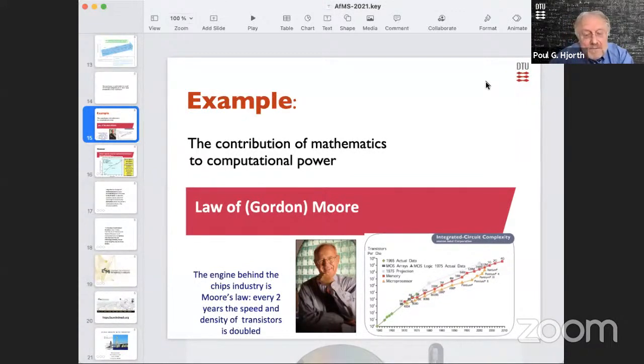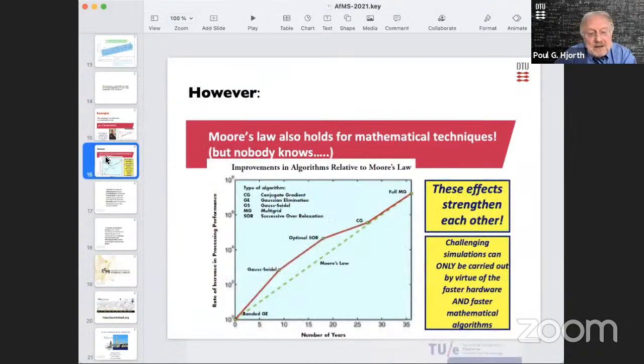Well, not immediately, but the point is that there's another law, namely for software and computational algorithms, which mathematicians very much contribute to. And so the speed of algorithms alone is also increasing logarithmically, just like Moore's law. And the two together really is what is making computation so efficient.